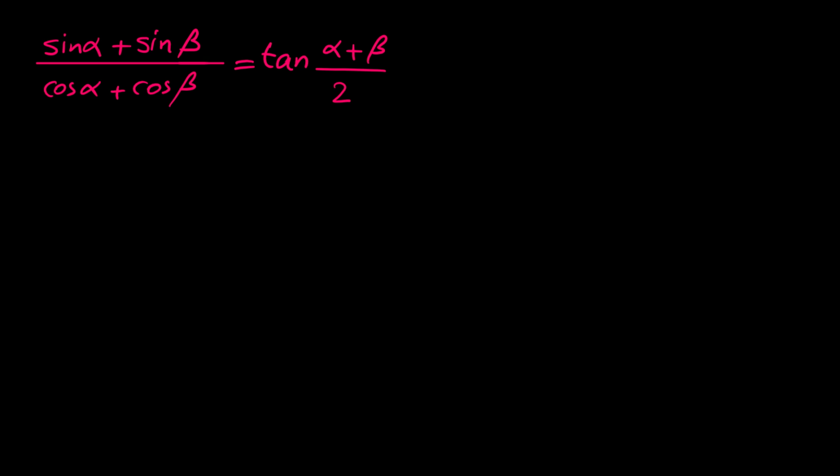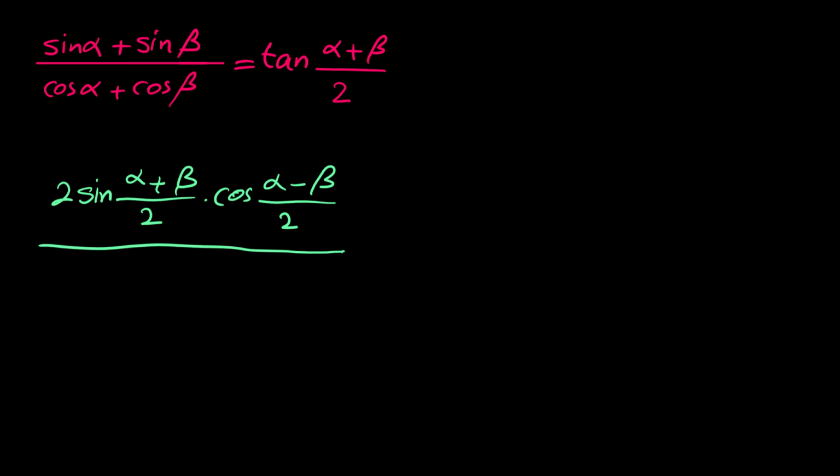Sine of alpha plus sine of beta, based on the sum to product formula, is 2 sine of the sum of the angles, alpha plus beta over 2, cosine of the difference of the angles, alpha minus beta over 2. This is for the numerator. For the denominator, cosine of alpha plus cosine of beta is 2 cosine of the sum of the angles over 2 cosine of the difference of the angles over 2.